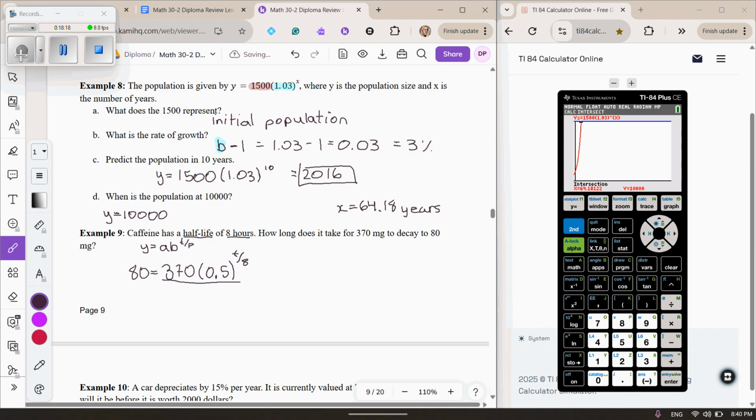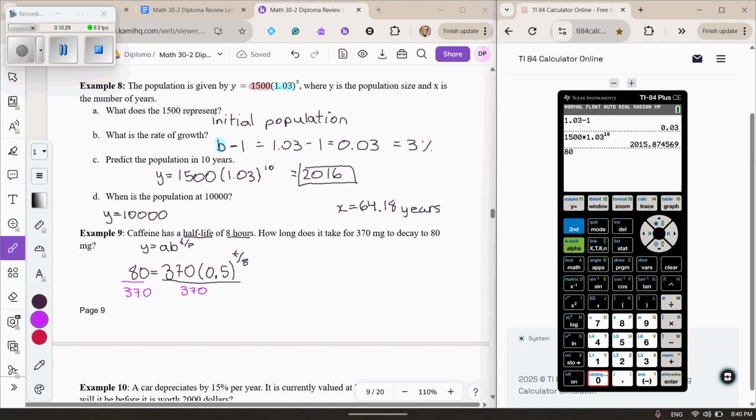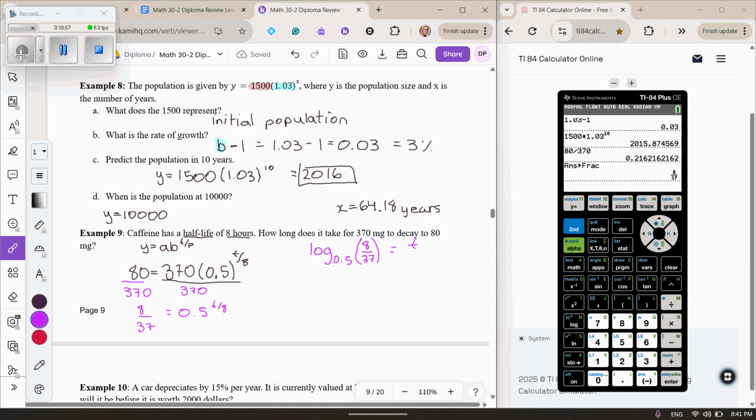So isolate our power first. Divide both sides by 370. Okay, so I'll just leave that as 8 over 37 for now. After I have isolated my power, now I can convert it to a logarithm. So log base 0.5, and then my argument is 8 over 37 equals t over 8.